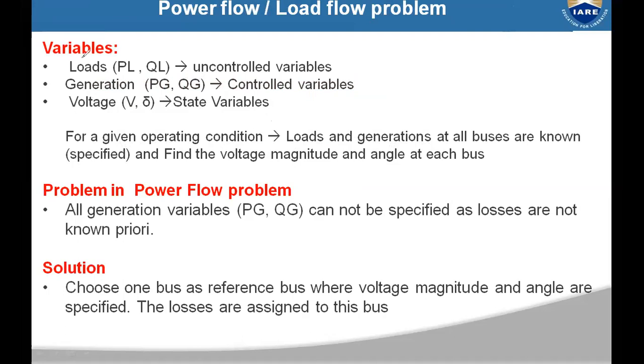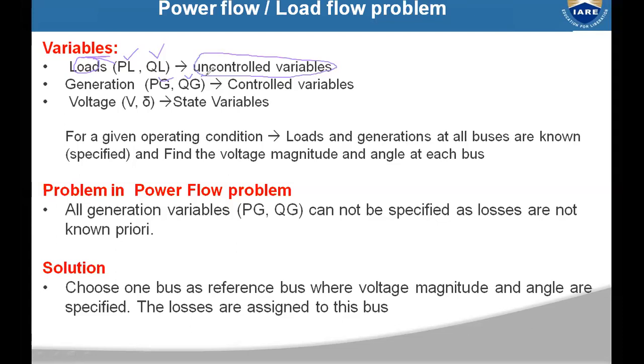So what are the variables here? At every bus you may be connected with load. If there are loads, you will have PL and QL, and if there are generators, you will have PG and QG. The load variables PL and QL are uncontrolled variables. Why?